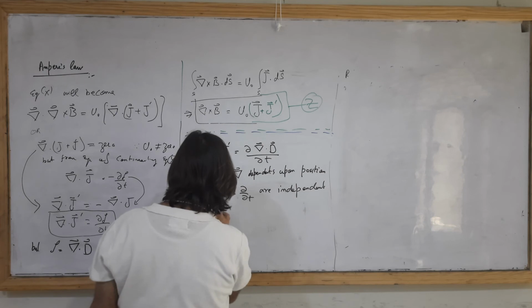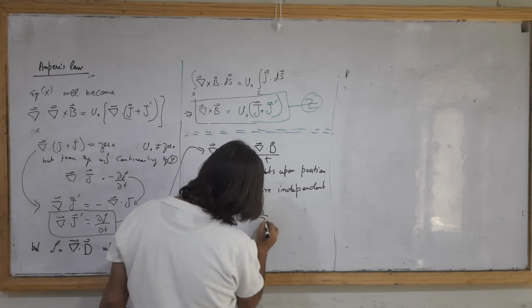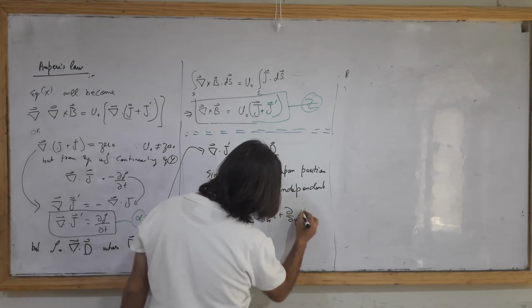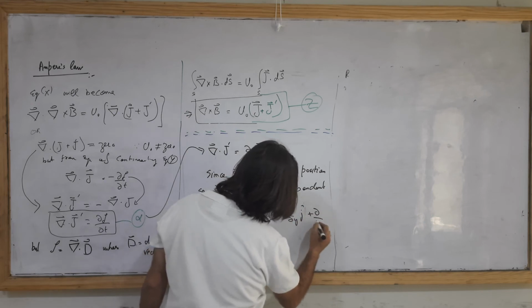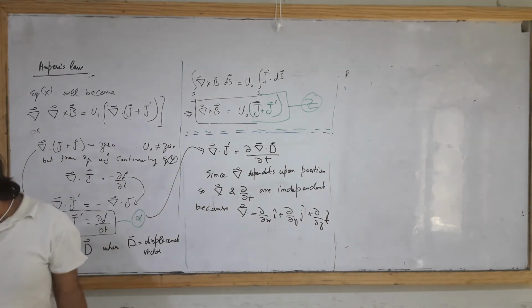Del is equal to partial over partial x i plus partial over partial y j plus partial over partial z k.